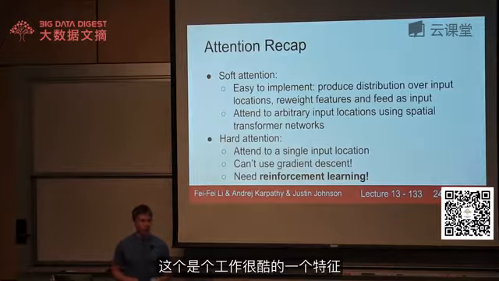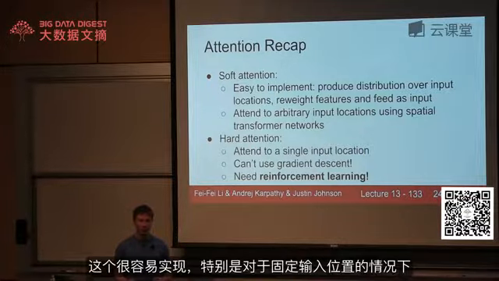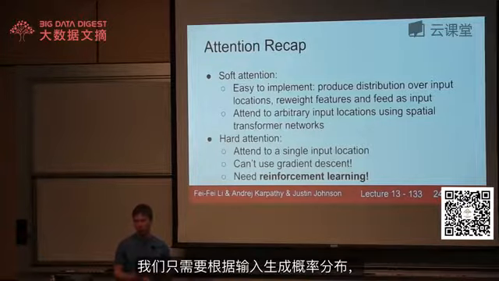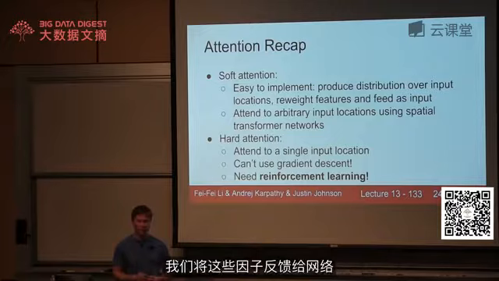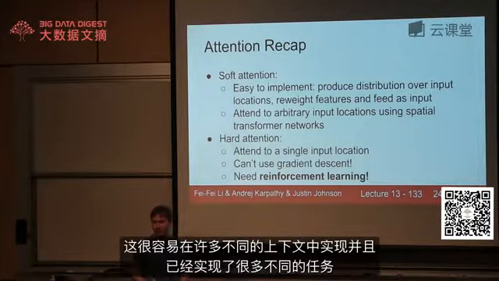All right, so my overview of attention is that we have soft attention, which is really easy to implement, especially in this context of fixed input positions: we just produce distributions over our input and then reweight and refeed those vectors back to the network somehow. This has been implemented for a lot of different tasks.